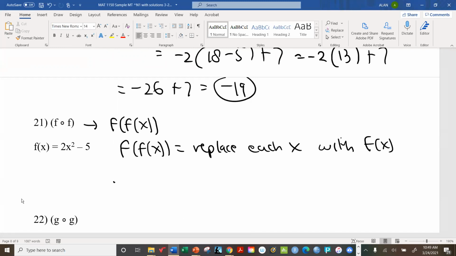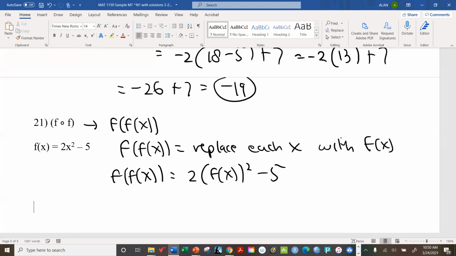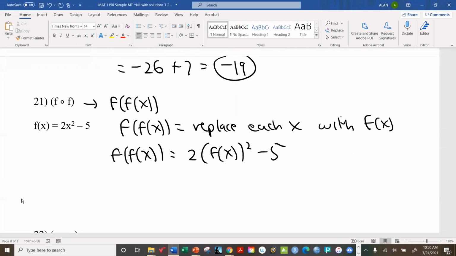Okay, so you're going to have 2 f of x squared minus 5. So therefore, you'll have 2x squared minus 5, squared, minus 5. And again, you can expand this if you want to, but you can just leave it too.